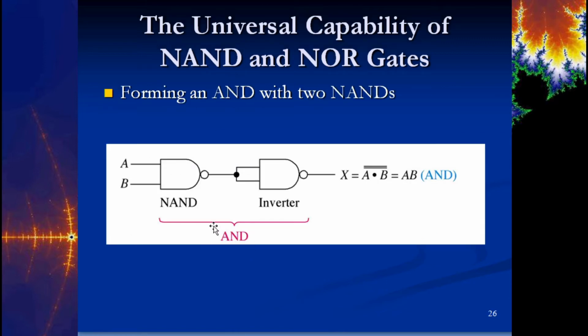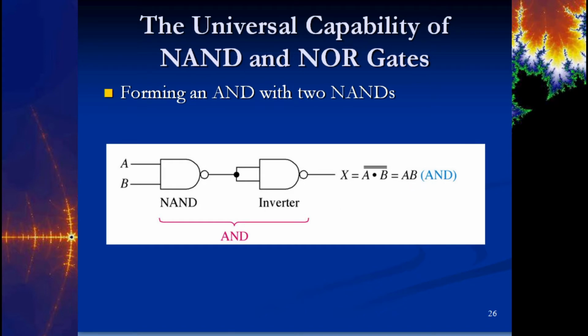So here we go. Using the same concept that we can make an inverter out of a NAND gate or a NOR gate, either way, look at this. If we have a NAND configuration here, if all we're using is NAND gates, then if we wanted to AND these two together, we'd have to send it through a NAND gate first and then negate this inversion on the outside. So that's like a double inversion on an AND, and so you're left with an AND here.